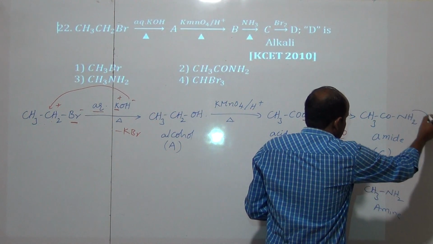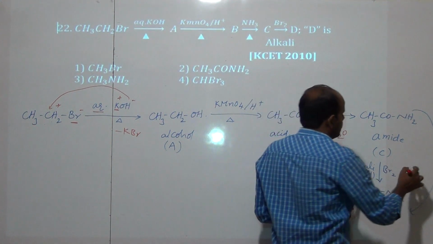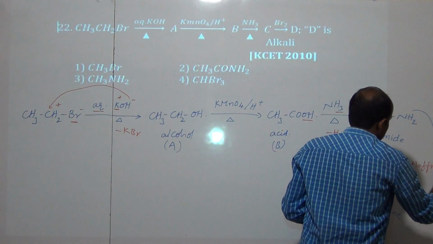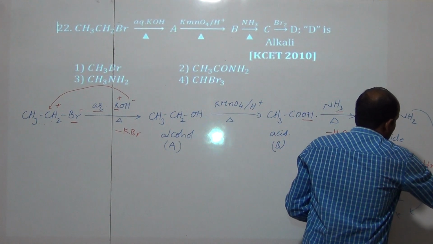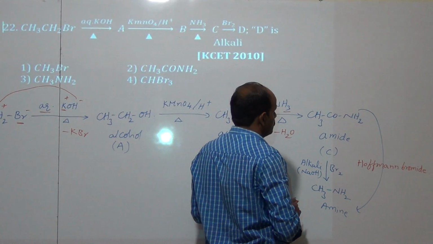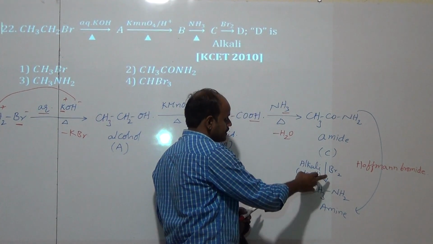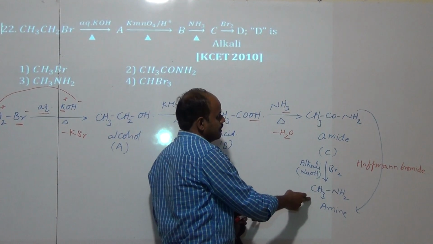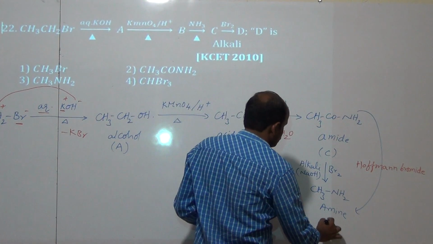The conversion of amide into amine is called the Hoffmann bromamide reaction. What is this reaction? The Hoffmann bromamide reaction. The conversion of amide into amine in the presence of bromine and alkali is called the Hoffmann bromamide reaction. It is given as D.